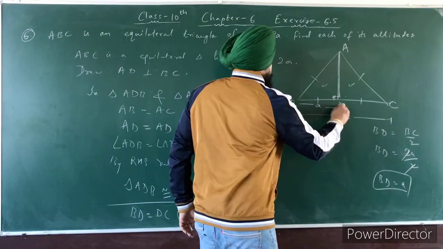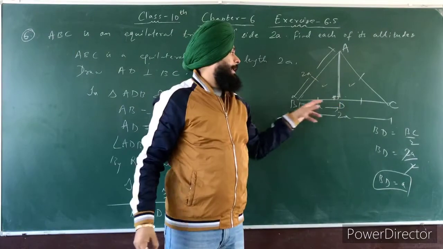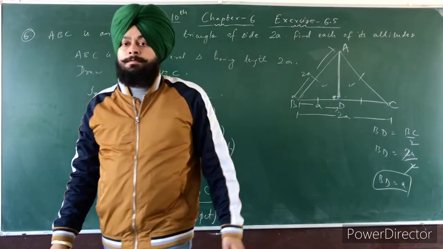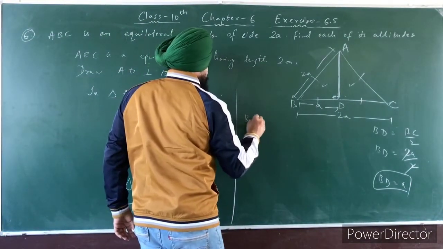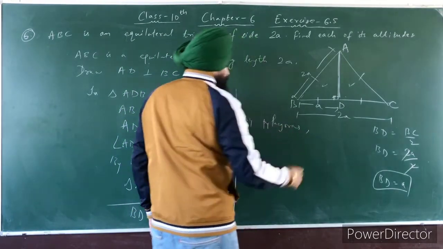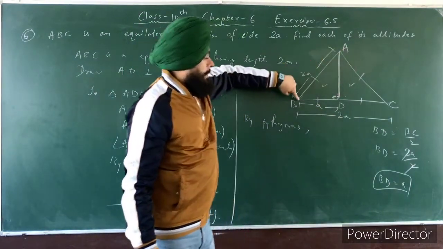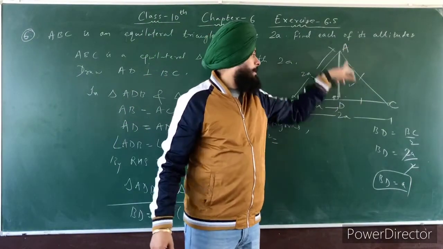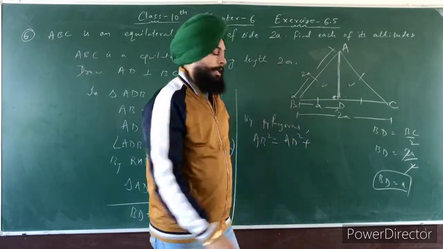Now this is a, this is 2a, and this is a right angle triangle, this one, ADB. We can easily find the length of AD by Pythagoras property. So by Pythagoras, this ADB is a right angle triangle, hypotenuse is AB, perpendicular is AD, and the base is BD.